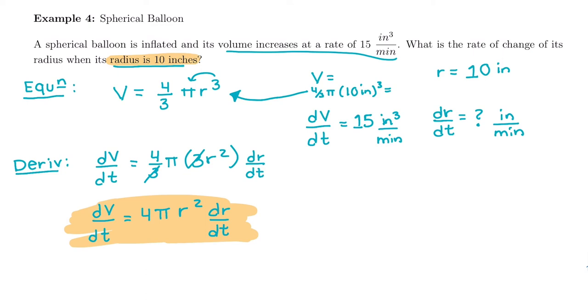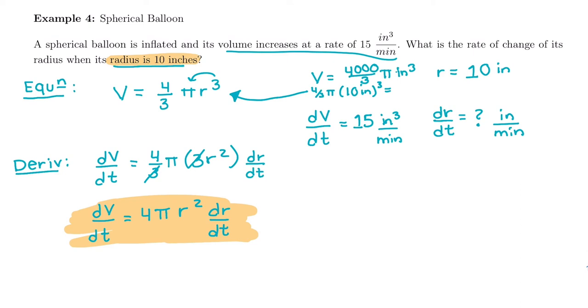And that gives me 4,000 thirds pi cubic inches. We really don't even need to know that, but if you wanted to find it, you'd plug into the original. All I did was 10 cubed times 4/3 pi gives me 4,000 thirds pi inches cubed for that volume that we weren't given, that we don't actually need.